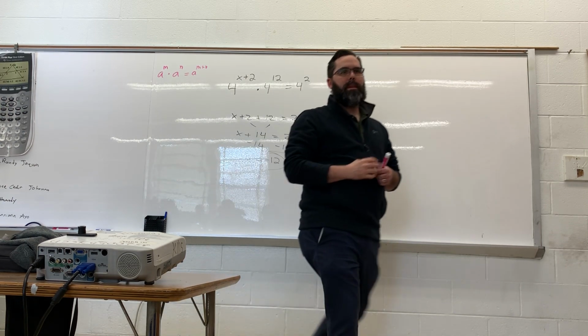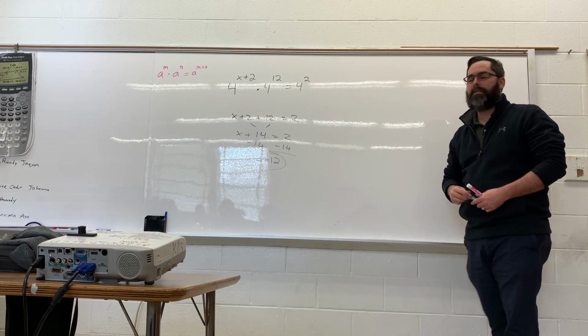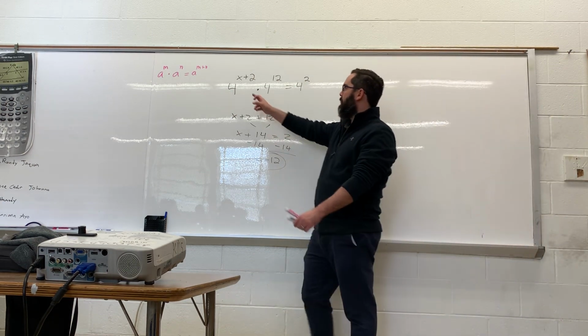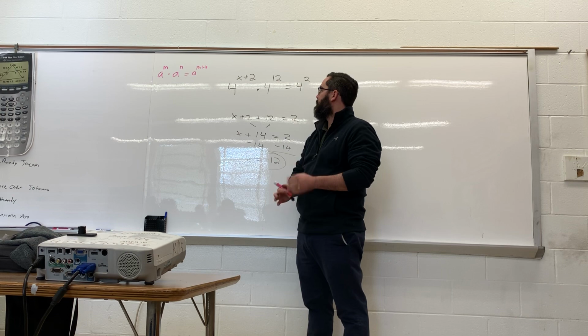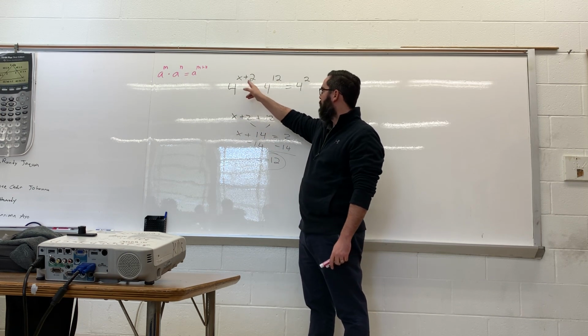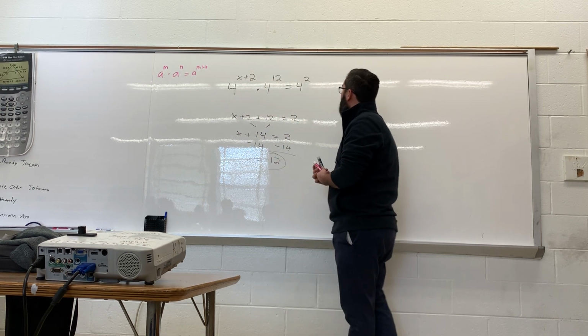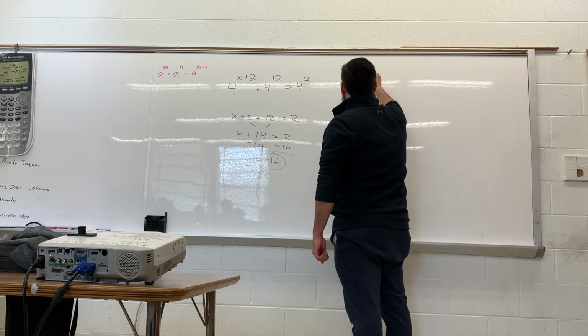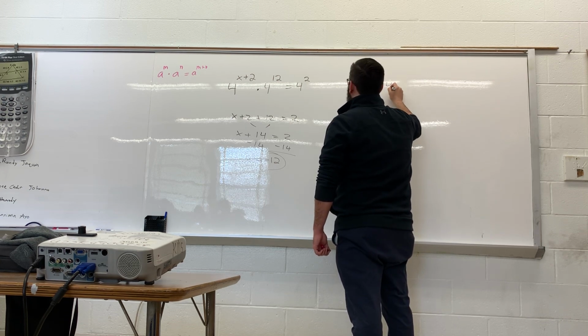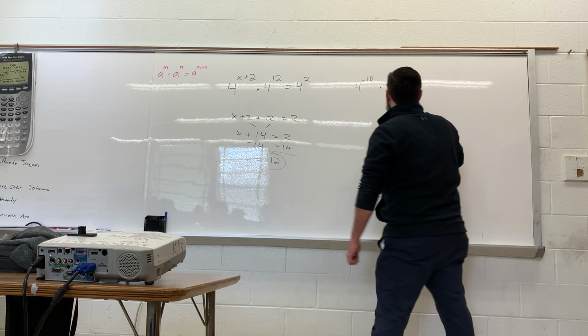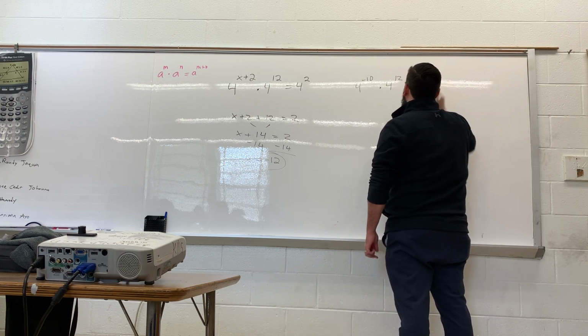Okay, and then to check to make sure our answer makes sense, you can plug this into here, and you'll get negative 12 plus 2 is negative 10. So we have 4 to the negative 10th times 4 to the 12th, and that should give us 4 squared.